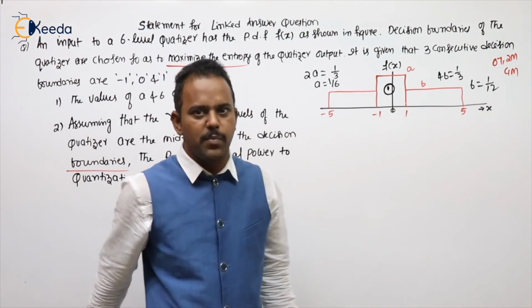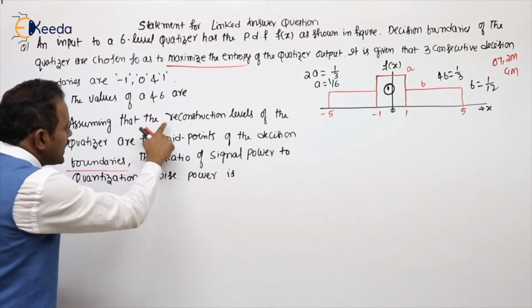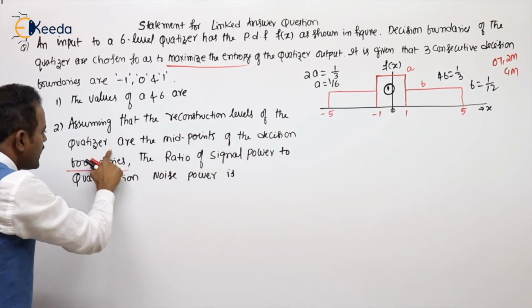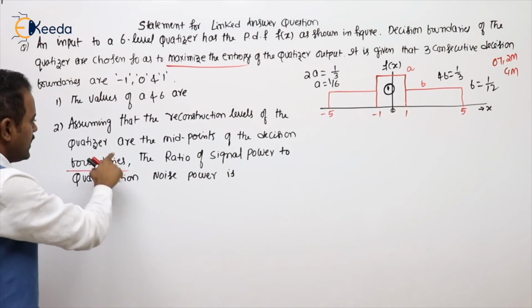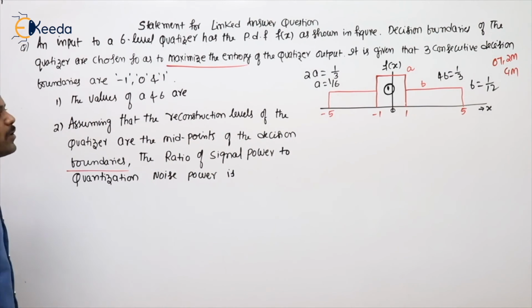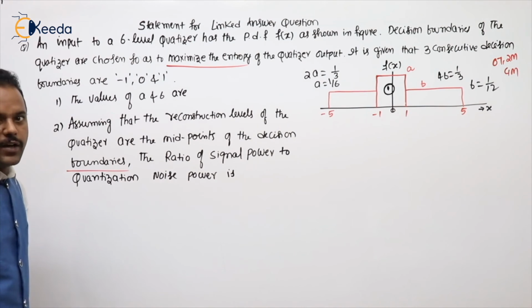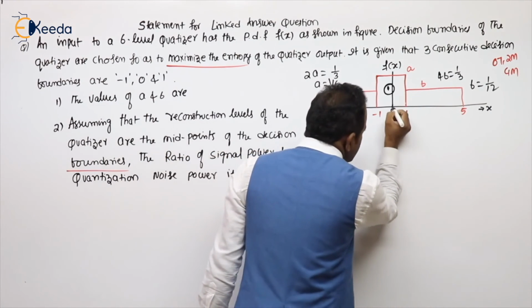Next, see the next problem. Assuming that the reconstruction levels of the quantizer are the midpoints of the decision boundaries. Midpoints of the decision boundaries means for this one, this is the decision level.